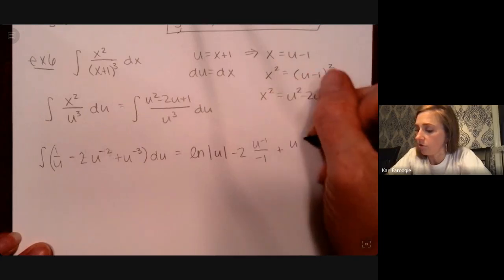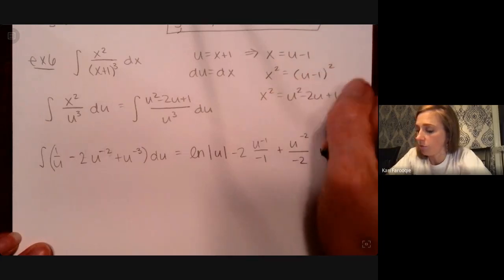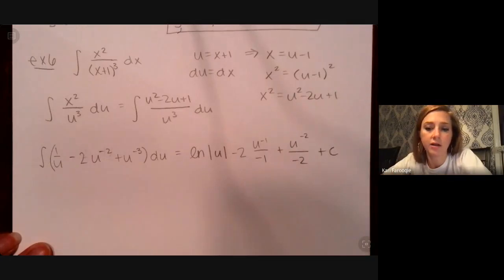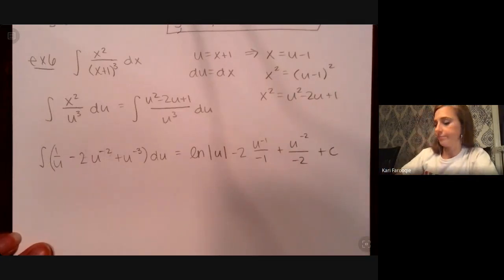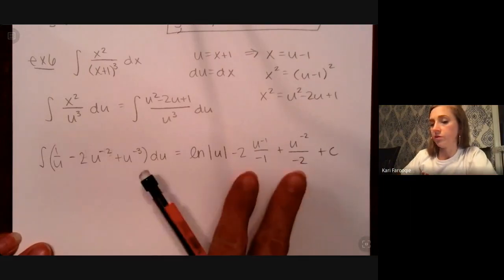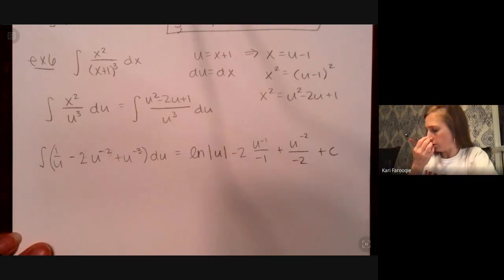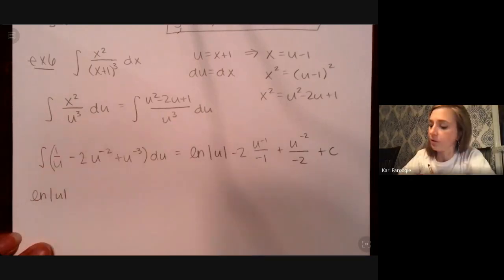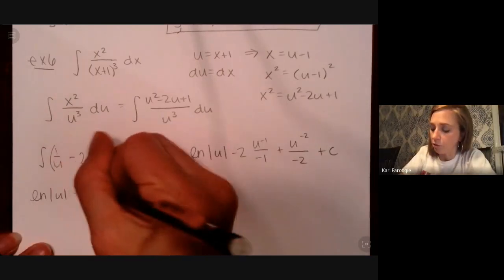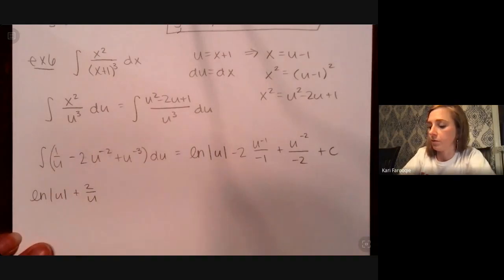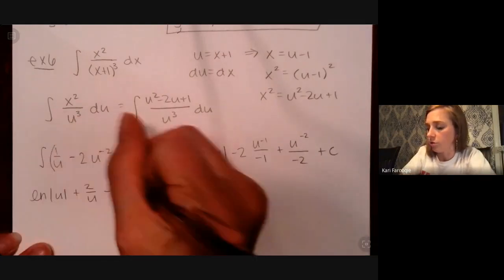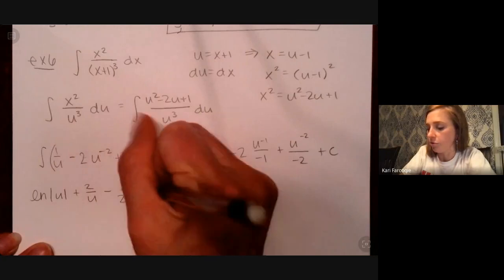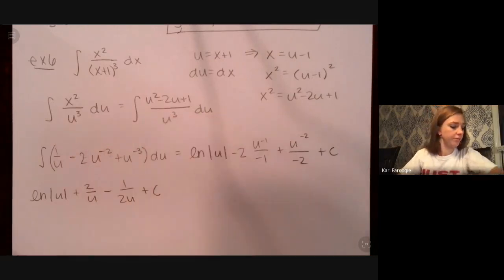Same here, increase the power by 1, divide by the new exponent. Don't forget to add c. Now note that both of these signs are going to change because you're dividing by a negative. So you'll have plus 2 over u minus 1 over 2u plus c.